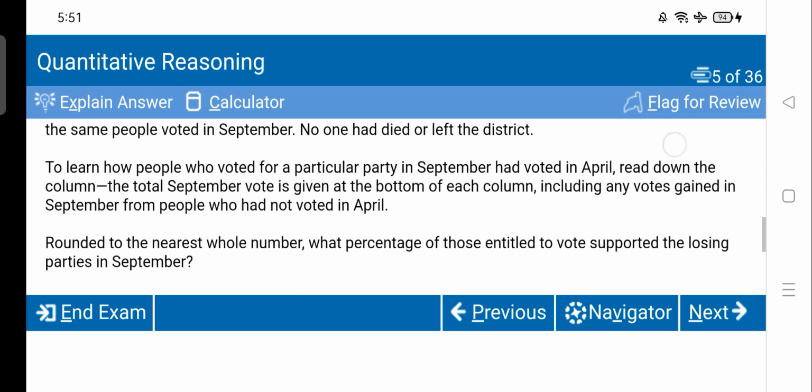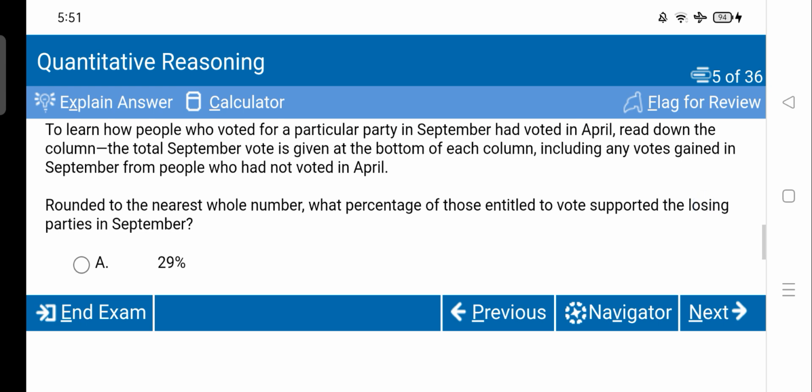To learn how people who voted for a particular party in September had voted in April, read down the column. The total September vote is given at the bottom of each column, including any votes gained in September from people who had not voted in April.